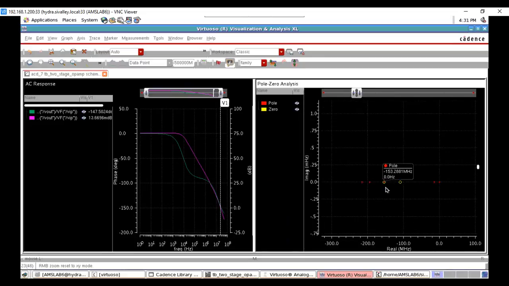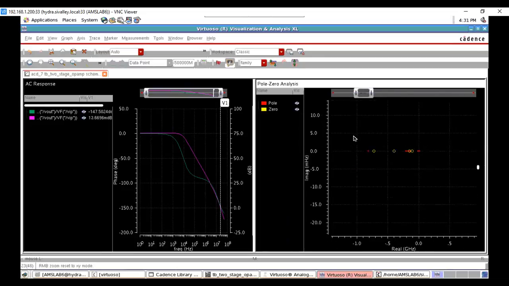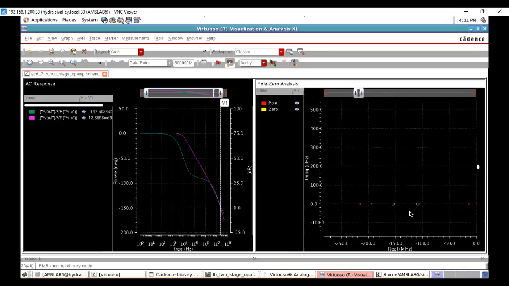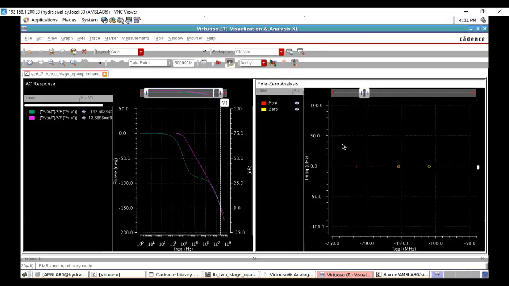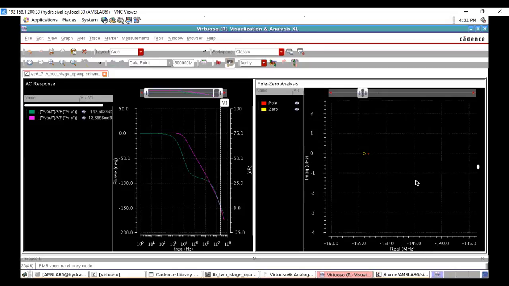I have cancelled out this zero, but there is one more zero introduced, which was not there before. Here there was only one zero, correct, if I am not wrong? Is that right, or is this wrong? Now we have cancelled out this zero, you can see.